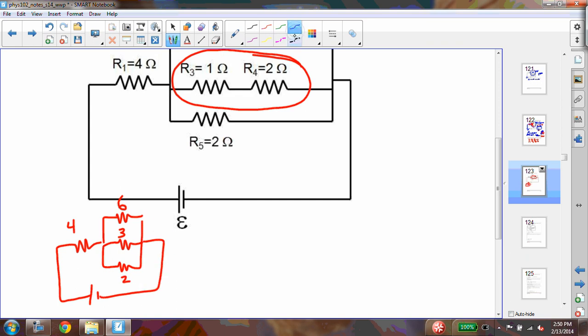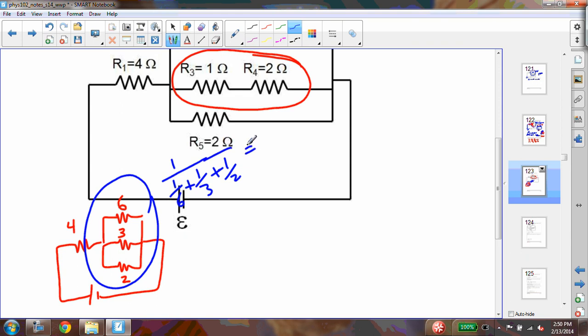Now I want to find the equivalent resistance of these three. To do that, I say 1 over 6 plus 1 over 3 plus 1 over 2. Was that 1/6 plus 2/6 plus 3/6? 1 plus 2... wait, that's 1, right?